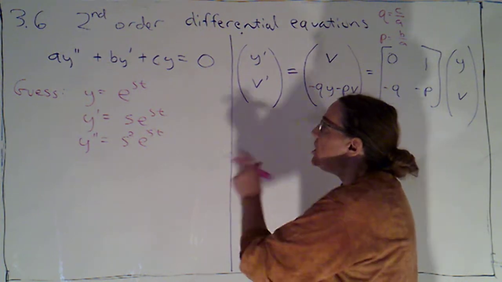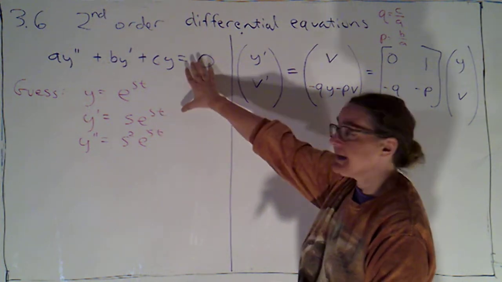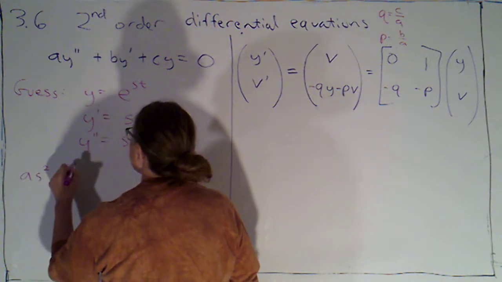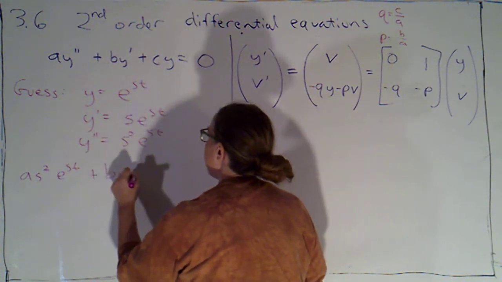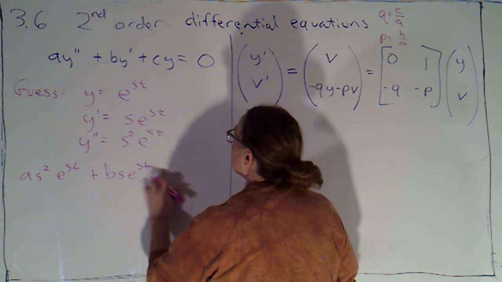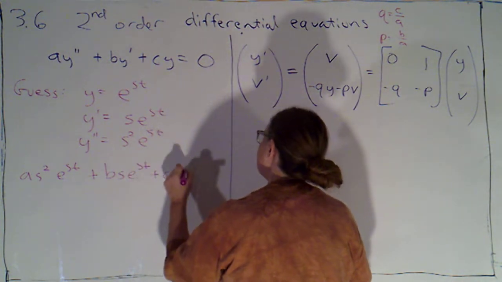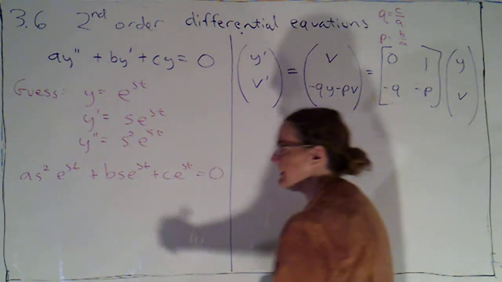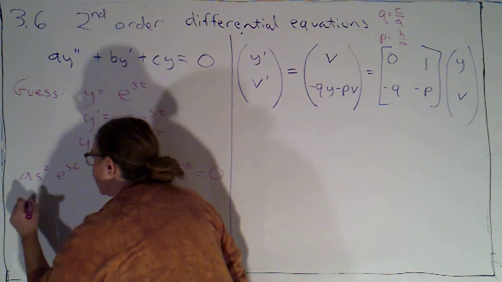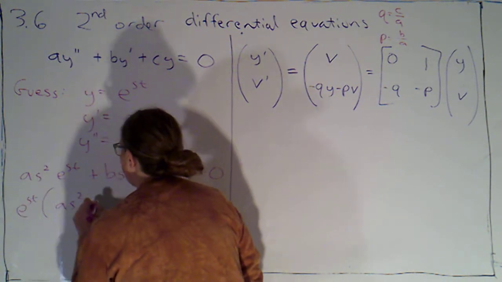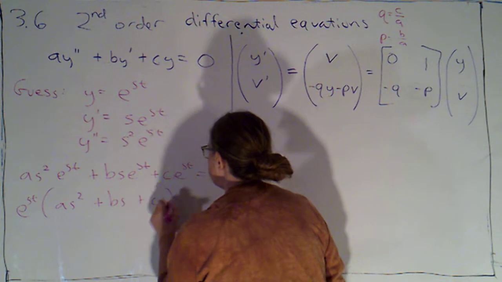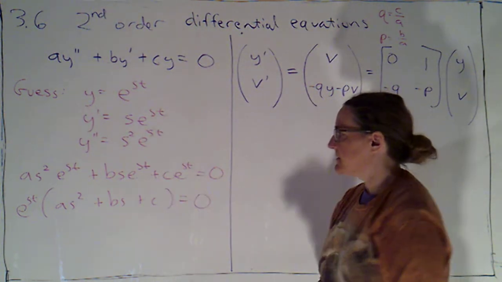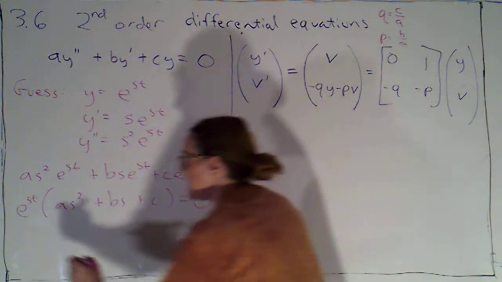So what we did is we plugged in our guess. We said, okay, as squared times e to the st plus bs e to the st plus c e to the st is going to have to equal 0. And since there's an e to the st in all of those terms, we factored it out: as squared plus bs plus c equals 0. And if two things multiply to give us 0, we know that one of them has to be 0.